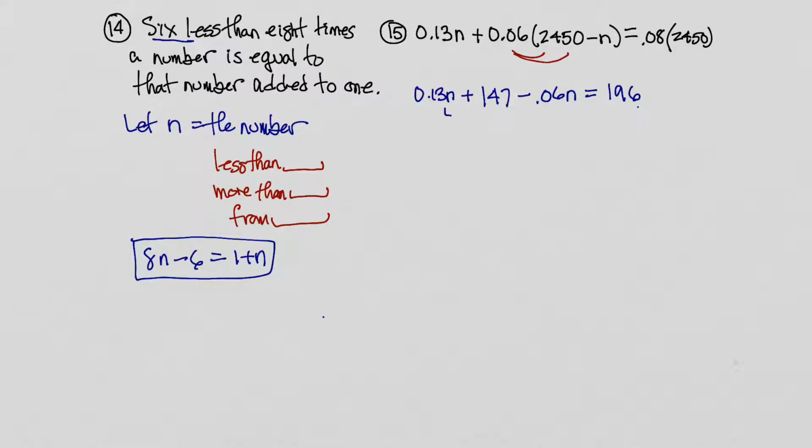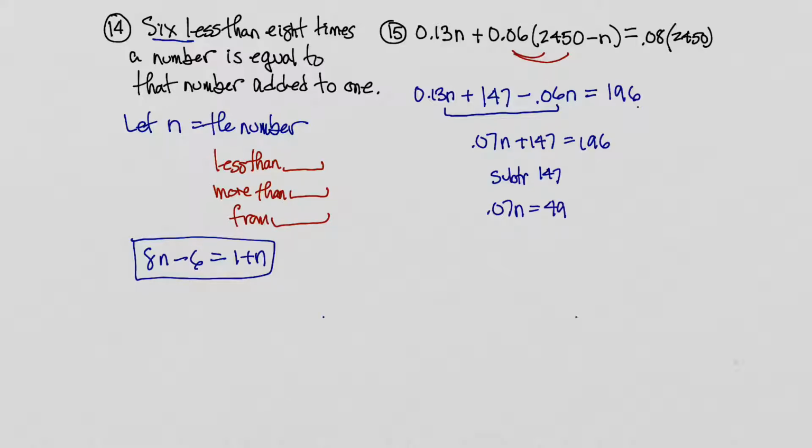And now here, 13 minus 6, that's going to be 7, but I've got 0.13 minus 0.06, that's going to be 0.07. Do it on your calculator if you like. 0.07n plus 147 equals 196. And then 196 minus 147 is 49.